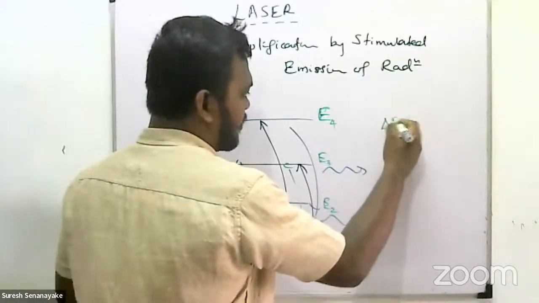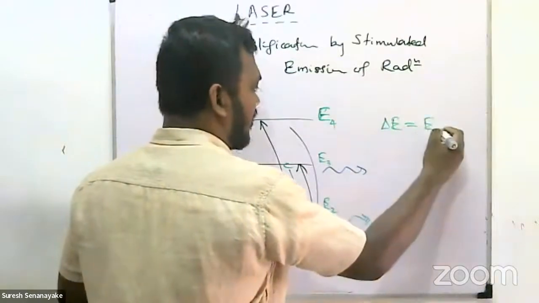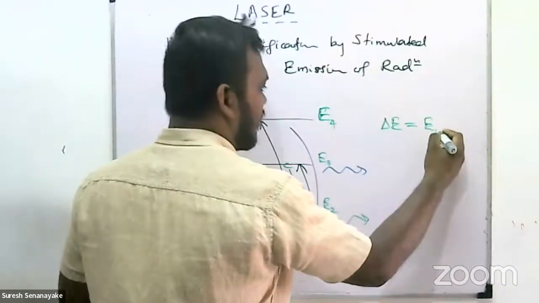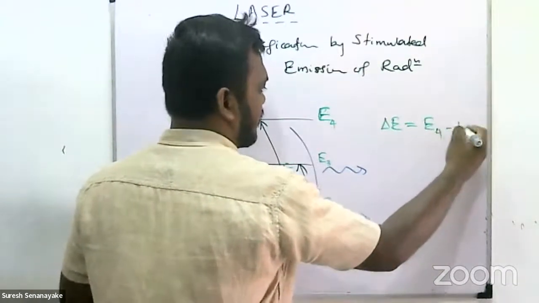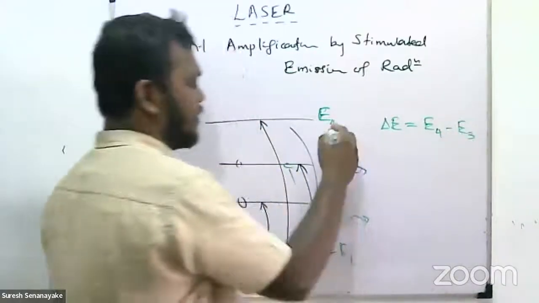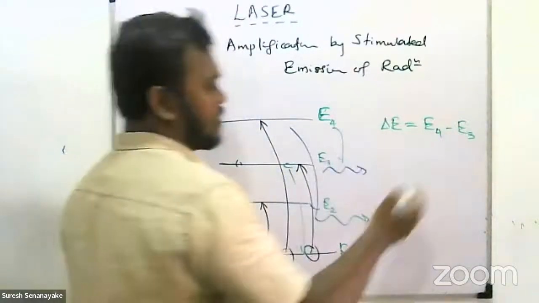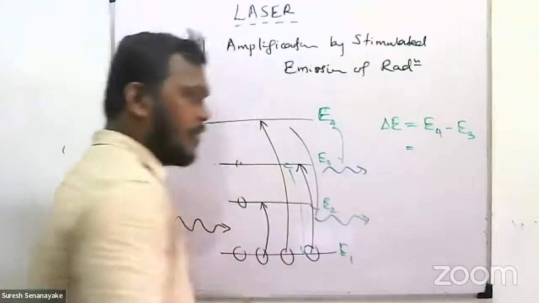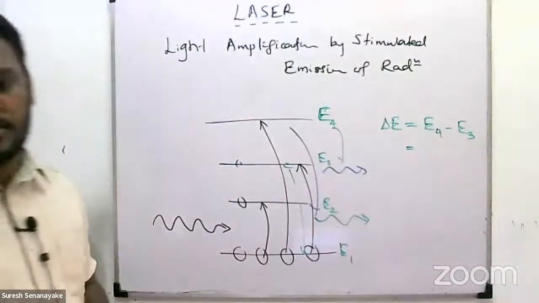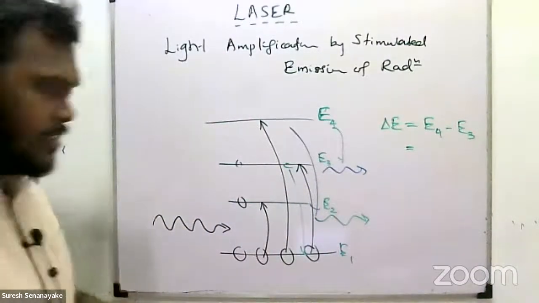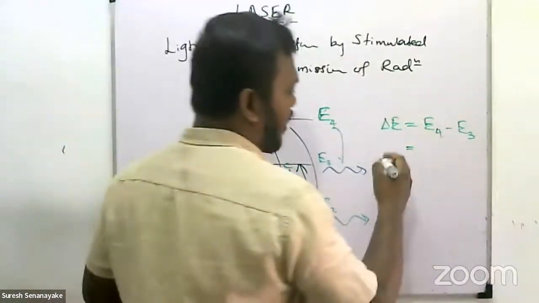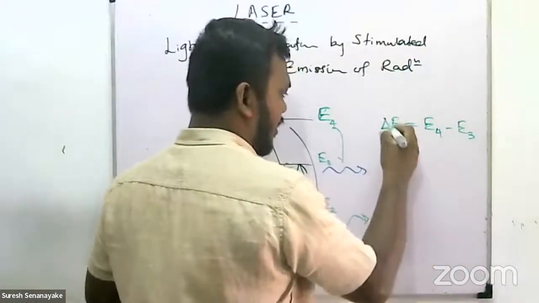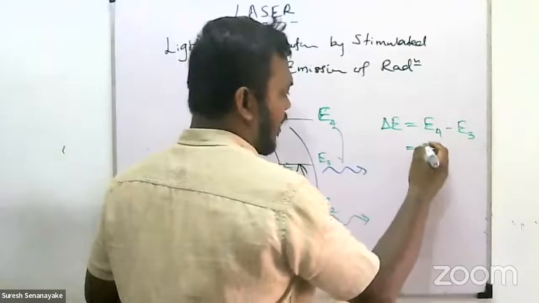That energy corresponds to the difference between those two levels, the higher level minus the lower level. That corresponds to the energy of the photon emitted due to that transition. The energy of a photon you can write as hf.